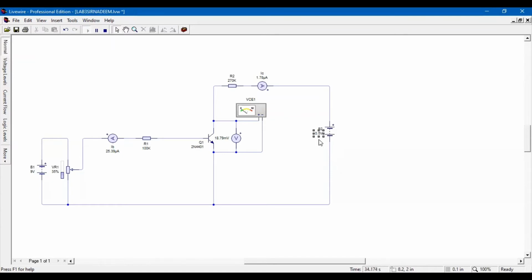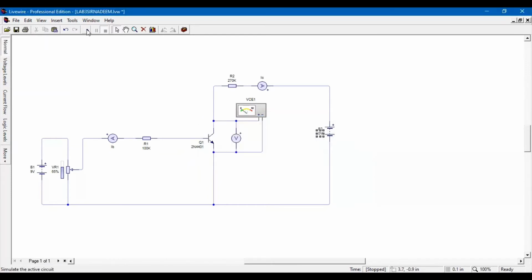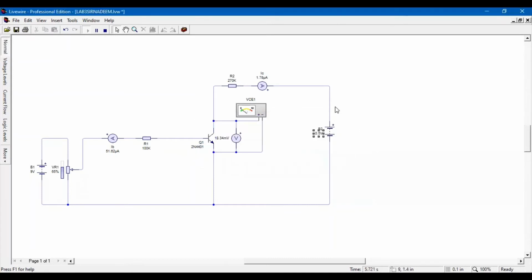Then after finishing, we change the IB value to 50.